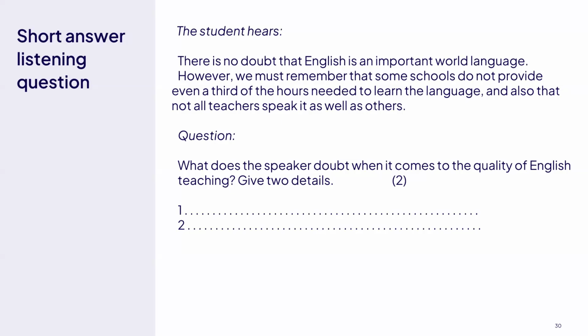Now, again, this question requires students to process all of that information. Not enough teaching time, not all teachers speak it well. Okay. But one of the things they don't doubt is that English is an important world language. But the word "doubt" in the question is carried over into the second sentence by the word "however".